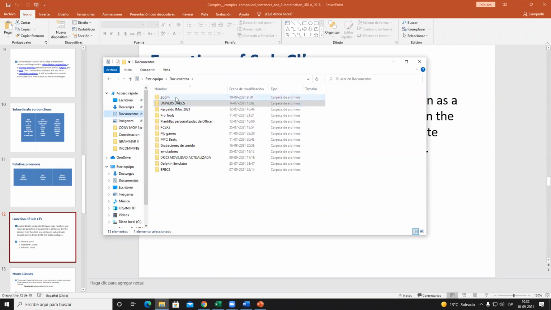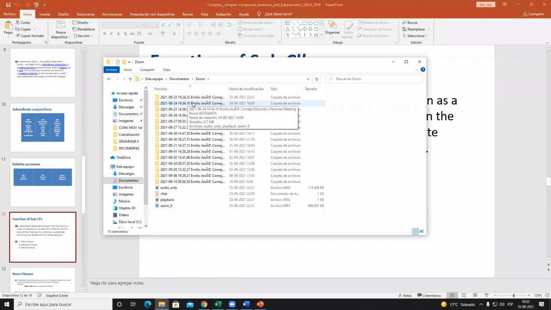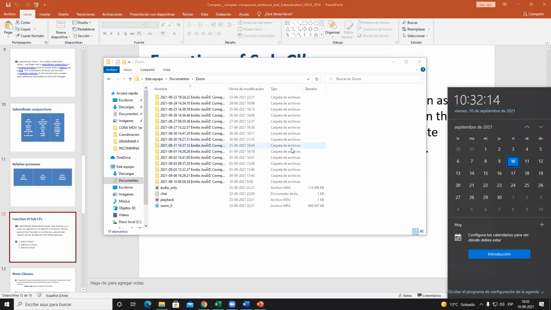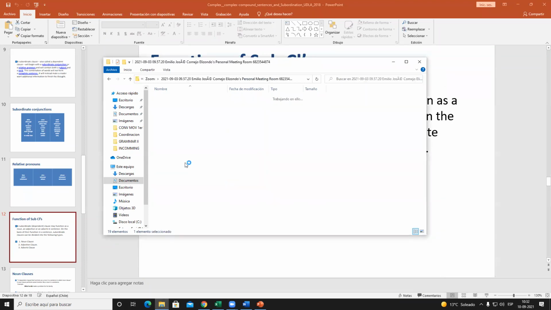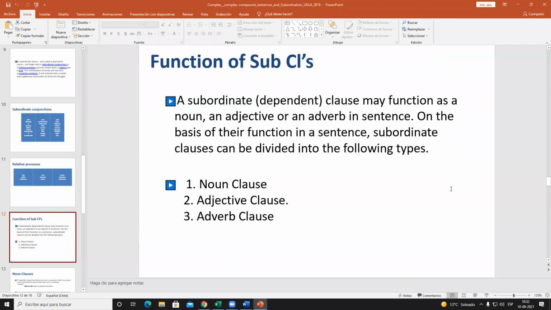Sí, la tengo que subir. Lo que no caché el viernes pasado, ¿qué fecha era? 3. Ahí tengo las clases del 3. Ah, bueno, sí se hicieron. Sí, las tengo que subir, eso. Bueno, profe, gracias. Ya, 10:32, nos juntamos a las 10:45.